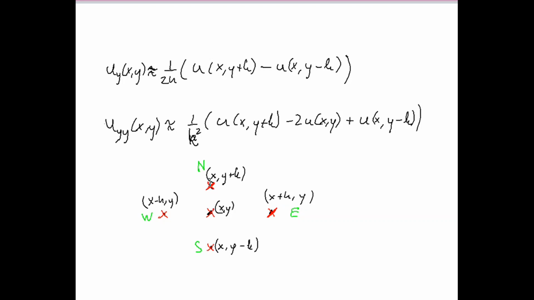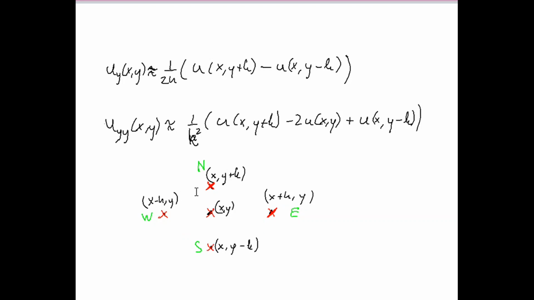So the difference between these two values in the vertical direction is equal to k, and the space between these two points is equal to h, the same here, and the space between this middle point and the point here is also k.